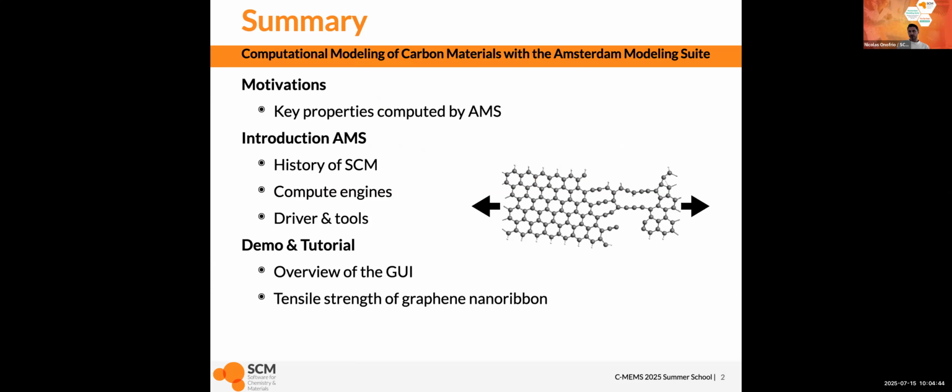You'll see that we have many different compute engines, so you can address many different levels of theory with it. This should take me 20 minutes, and after that I'll pop up the software and show you how you can build molecules, how you can build crystals, how you can build a nanoribbon like this one that we're looking at here, and how you can deform it and extract mechanical properties.